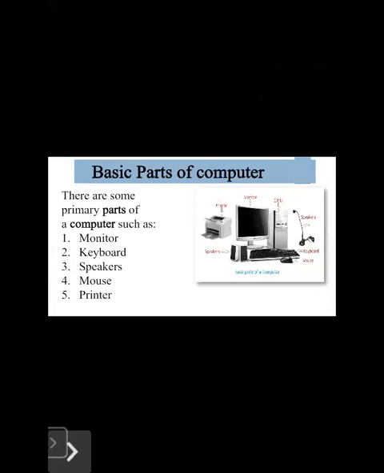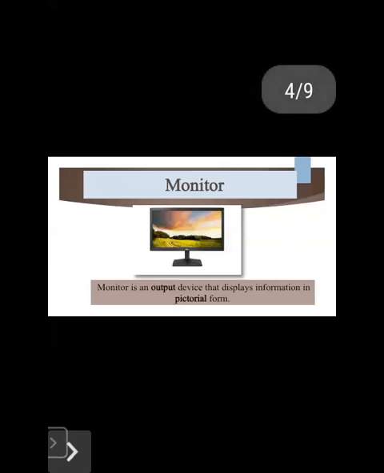Whenever we talk about a computer system, there are some main primary basic parts included in it. There are 5 main basic parts of any computer system: number 1, monitor; number 2, keyboard; number 3, speakers; number 4, mouse; number 5, printer.